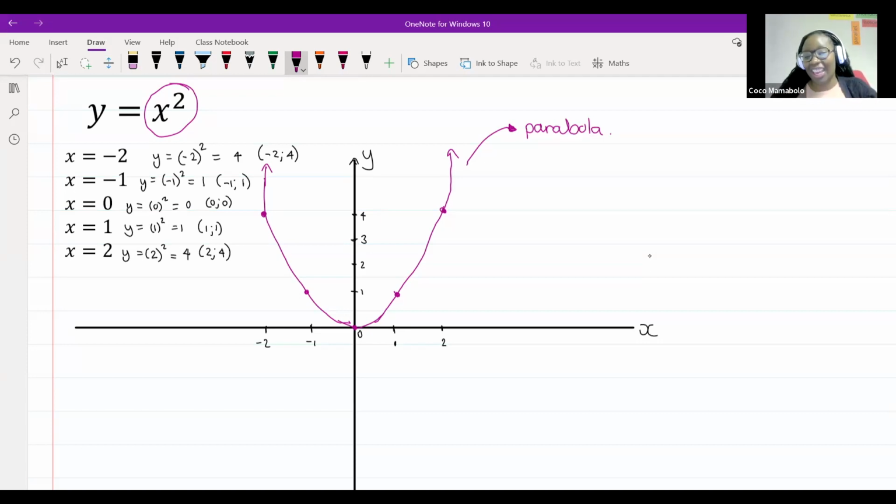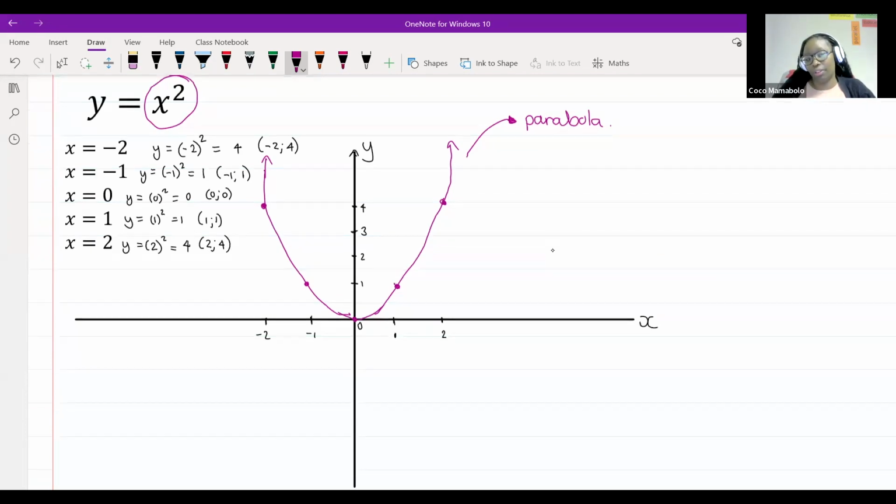Are we all okay with what a quadratic function, aka a parabola, will look like? Are we all okay? Yes. Good. Beautiful.